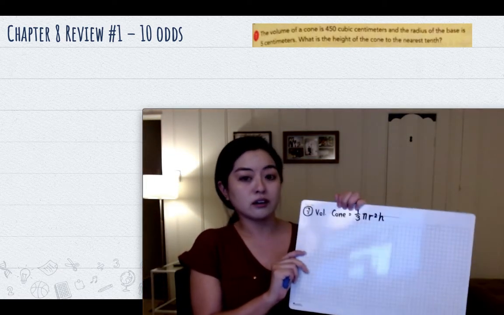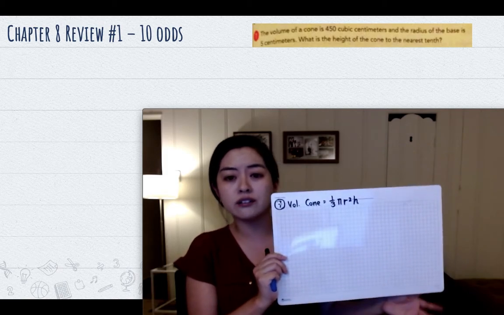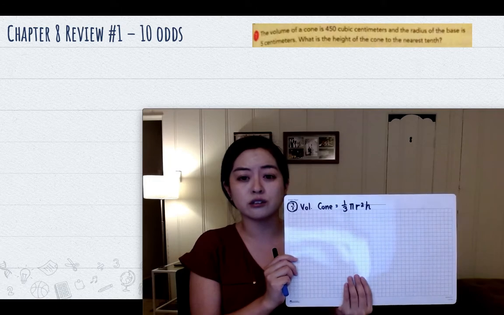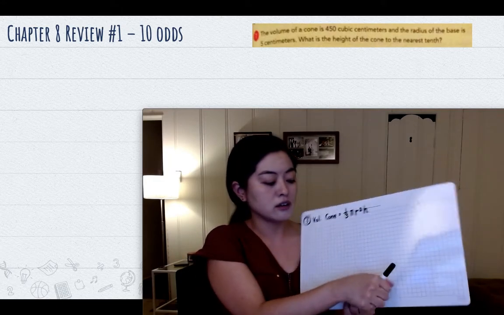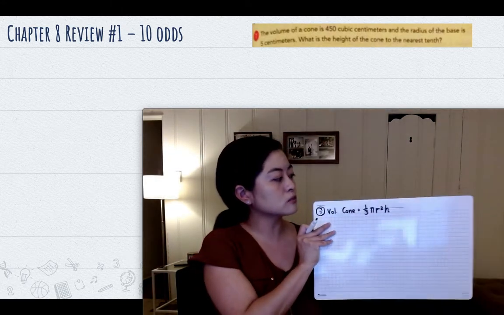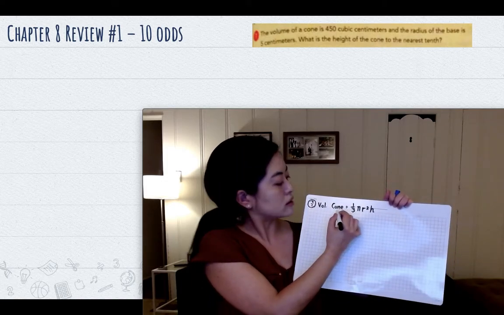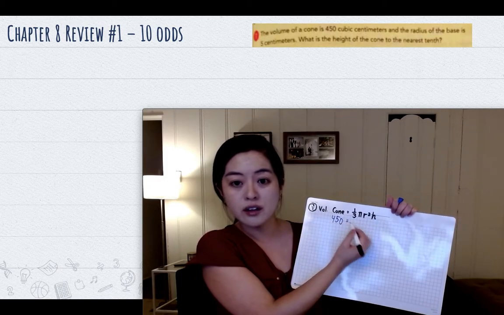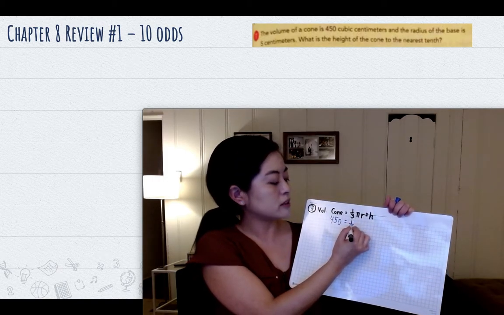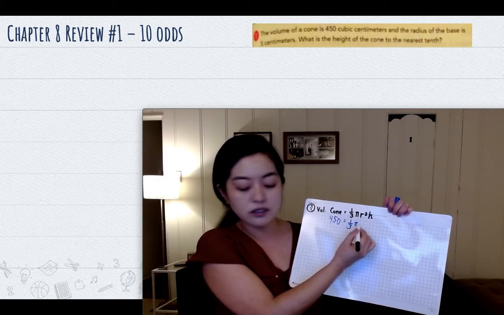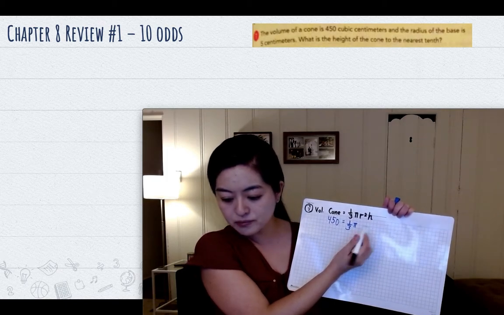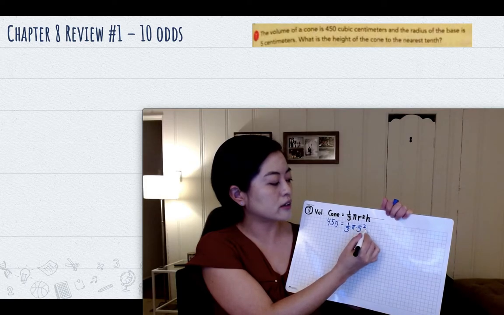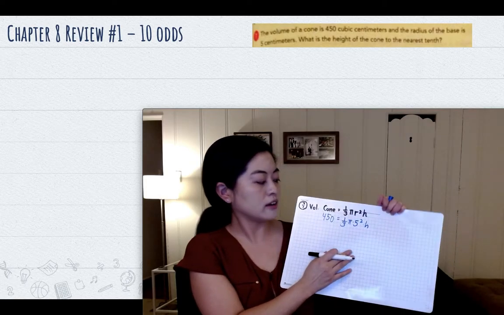And so here, I know that the volume of a cone is 1/3 times pi times r squared times h. They already gave us the volume of the cone, which is 450, and then I'm gonna input what else is given.